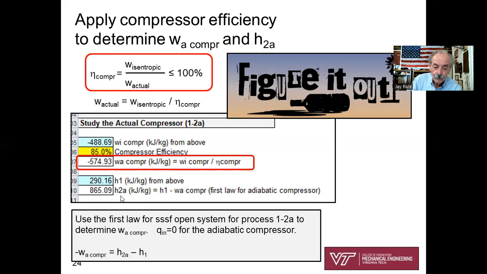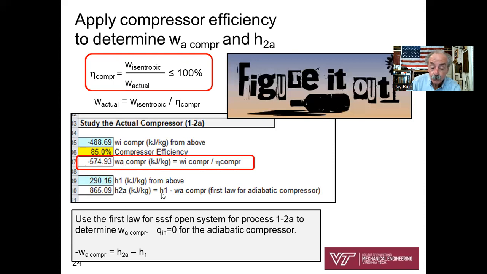Next step is, well, we need to find H2A. So that's very critical. I've circled it. That's a very important part of net work. So that's a big accomplishment. Looking ahead, we're going to need to calculate the heat transfer in the heat addition process. So we need H2A. All right. And so we'll use the first law, since we just found the work actual of the compressor.